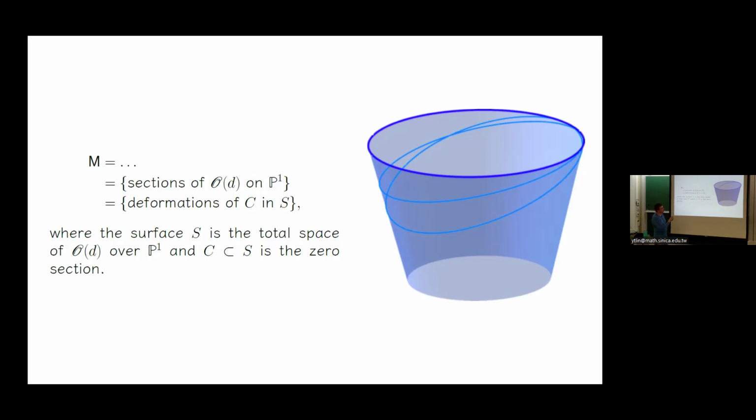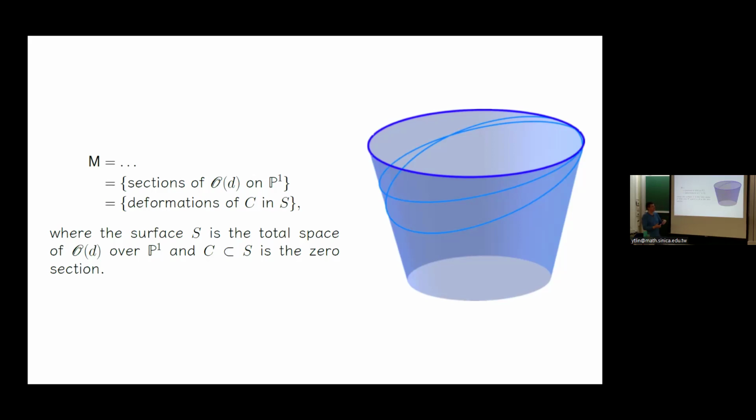And I don't know if this is confusing or illuminating, but I've drawn here this bucket to illustrate the idea that this is a curve in a surface with a positive normal bundle. For those of you familiar with toric geometry, when we draw a toric picture of something, if the normal bundle is positive, that means the angle is acute, and when the normal bundle is negative, that means the angle is obtuse.